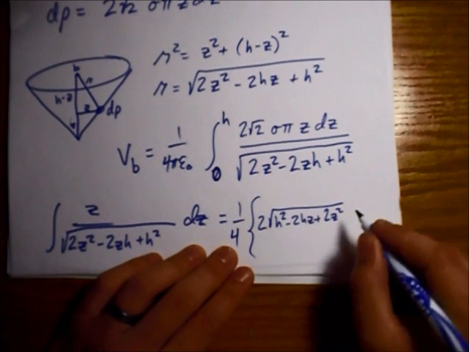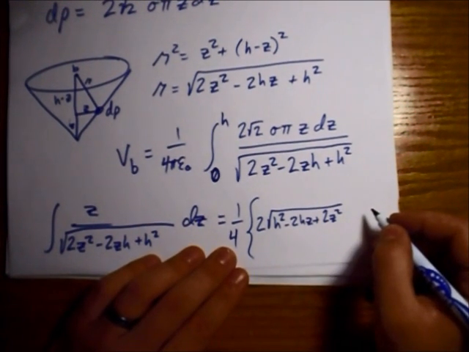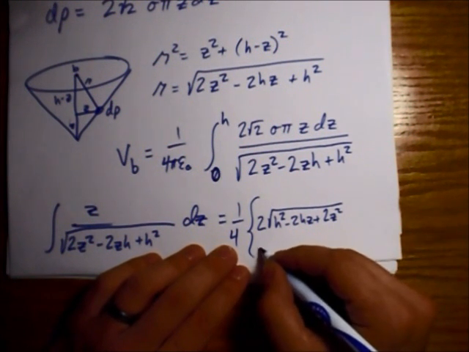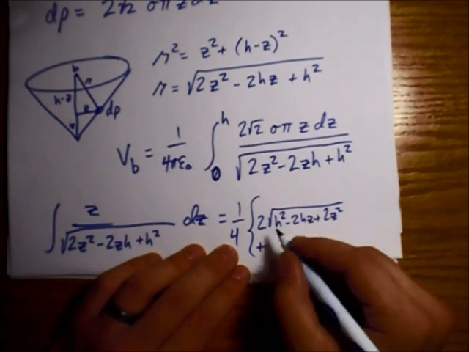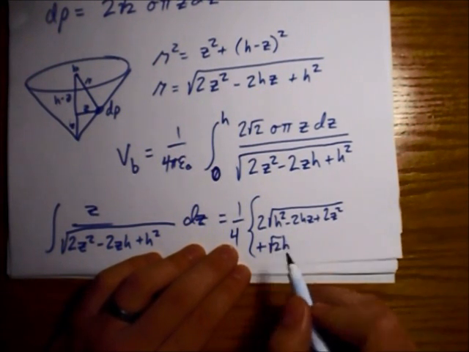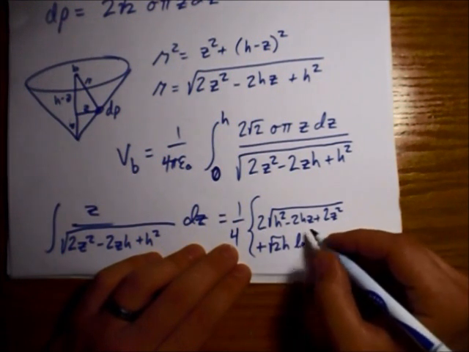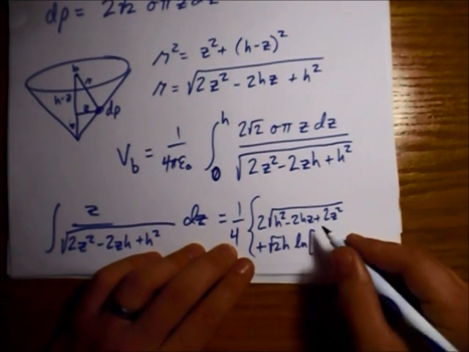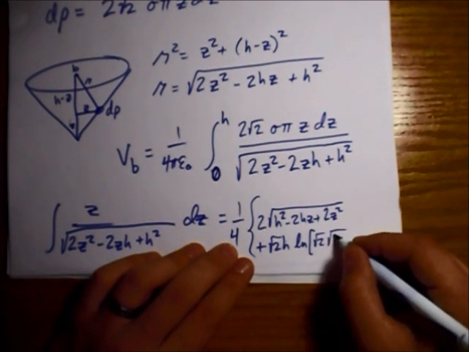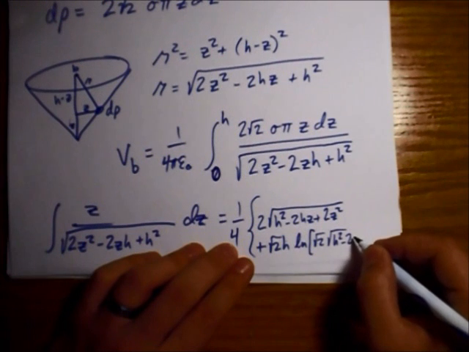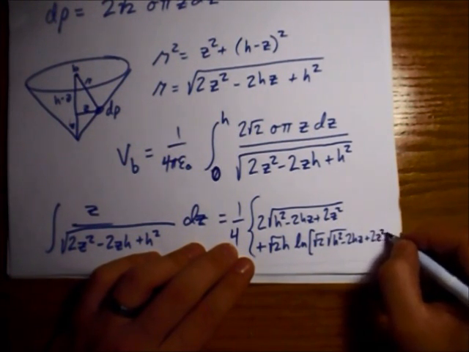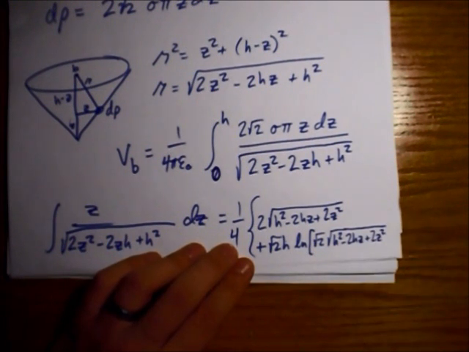Plus the square root of 2h. The h is not under the square root. Then we have a natural log of square root of 2, and then a square root of h squared minus 2hz plus 2z squared. This is all under a square root.